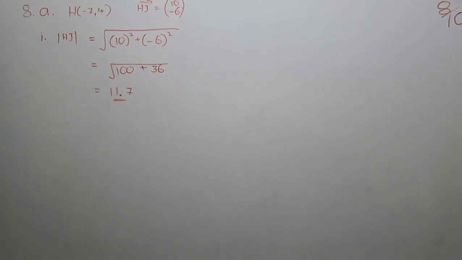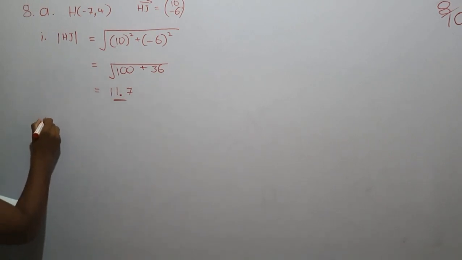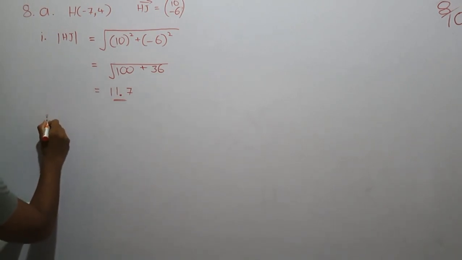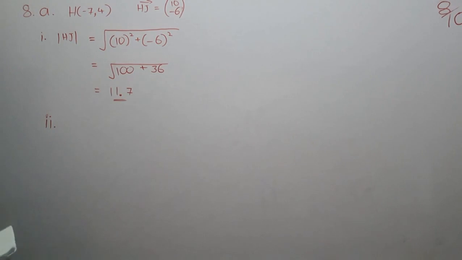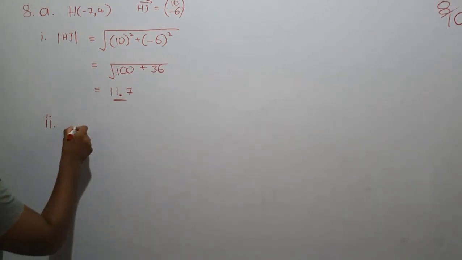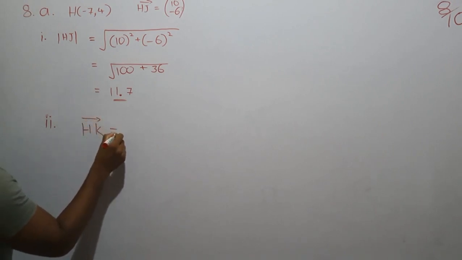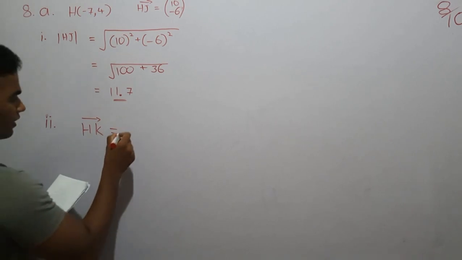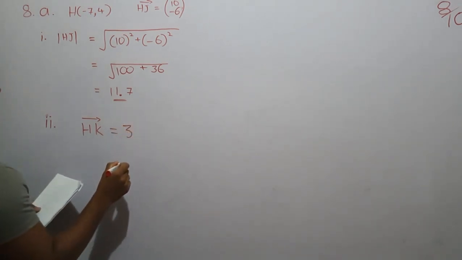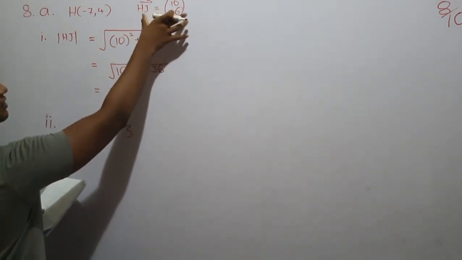So Roman numeral 2. Given that HK, now K is a new point, HK is equal to 3 times the vector given, HJ.